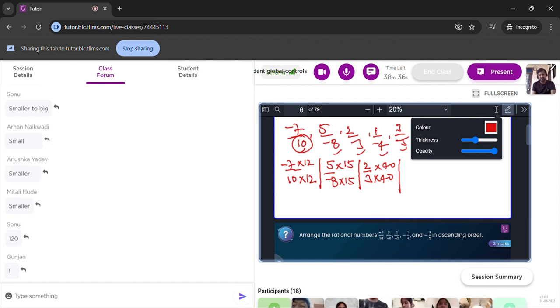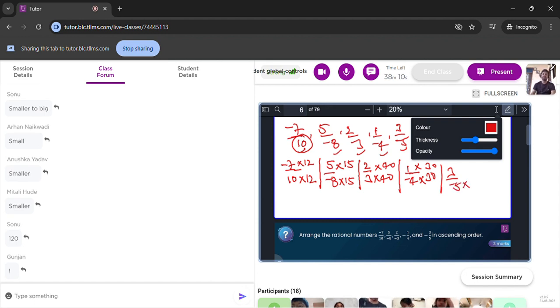And now this one is minus 1 by 4. From which number will you multiply this 4 so that you will get 120? 30. Okay, good. In a similar way, we have to make this 5 into 120.